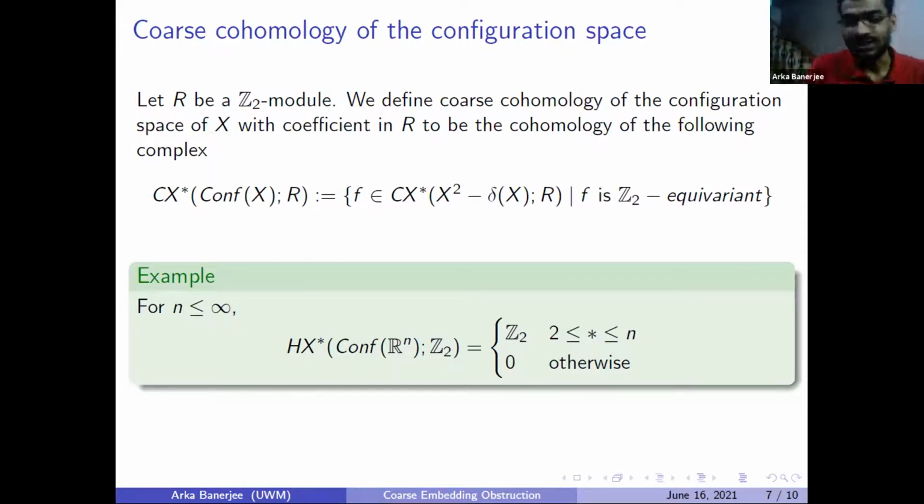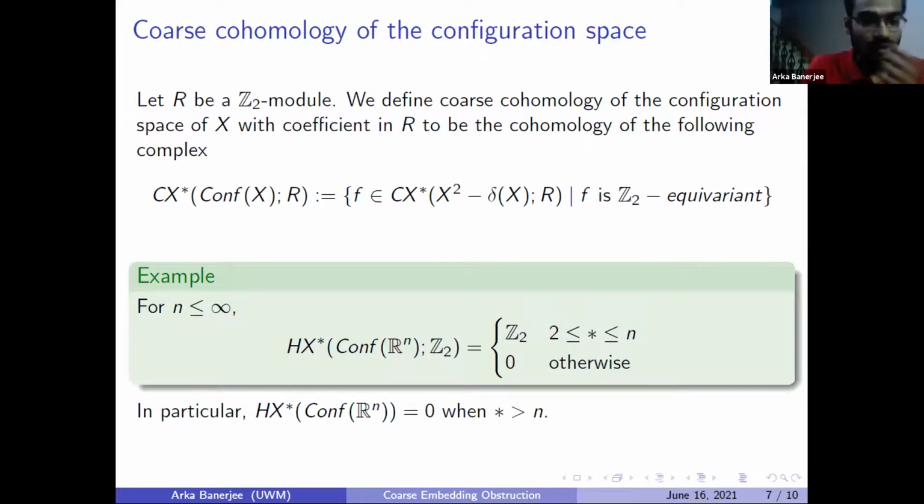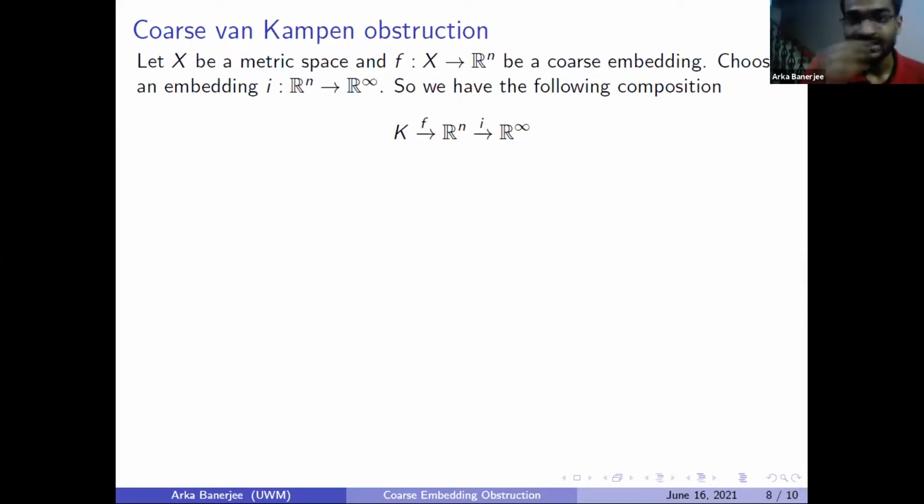But that's okay for our application. So that's the coarse homology of the configuration space of R^n. In particular, it is 0 when the degree is bigger than n, which we will use in the next slide.